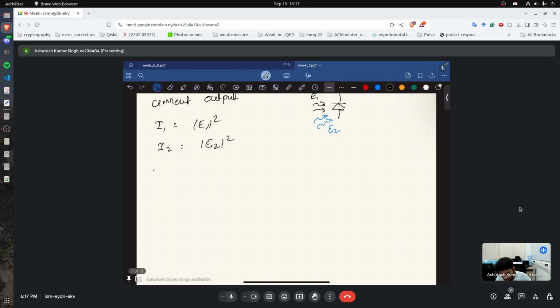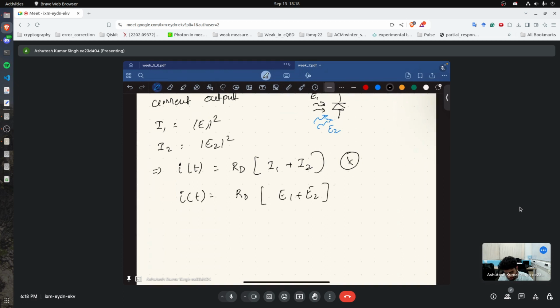The point I wanted to add by ensuring that the photodiode is a squared electric field detector and not an intensity detector is that I(t) is not equal to R_D times (I1 plus I2), this is not correct. I(t) is equal to R_D times (E1 plus E2) whole squared, and usually E1 and E2 are complex numbers.